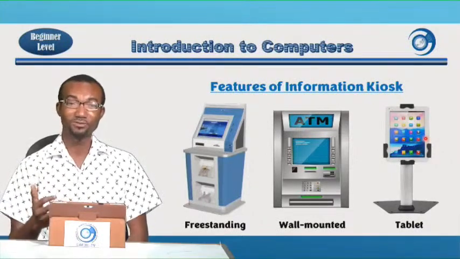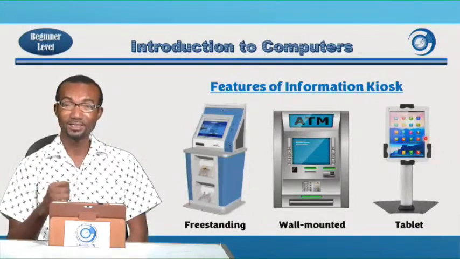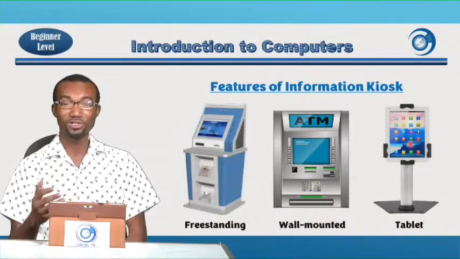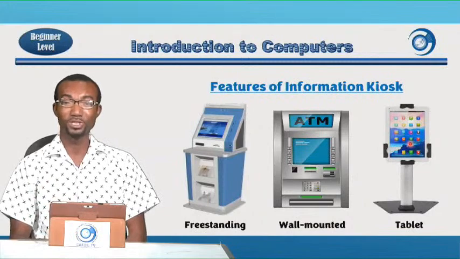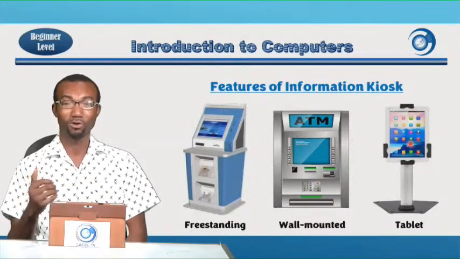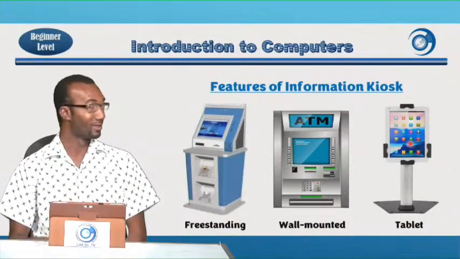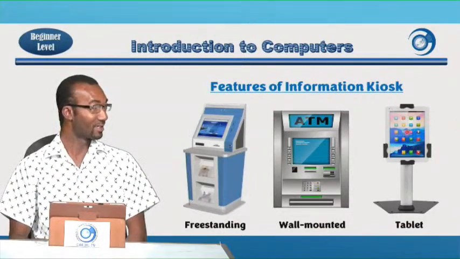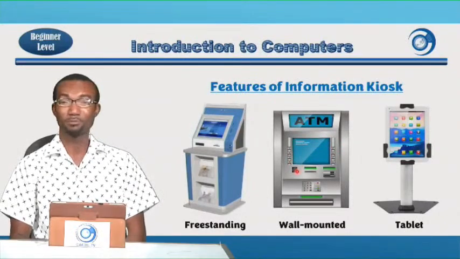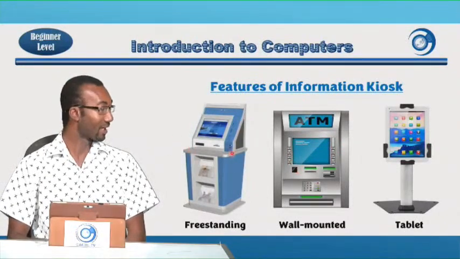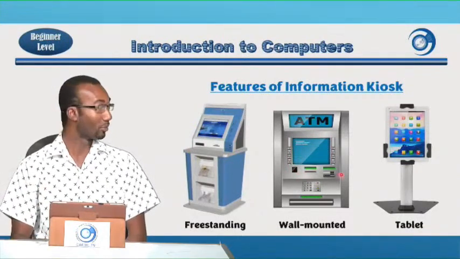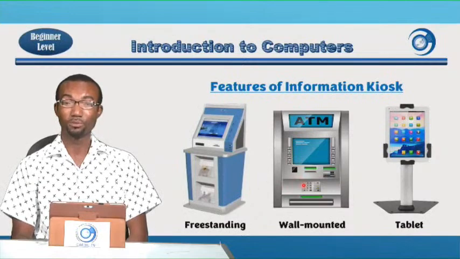So maybe if the ticket generated is D401, in the banking hall you hear that D401 go to teller 4 or teller 5. So we normally see this inside the banking hall. You normally see this outside the banking hall, and you normally see this kind of computer at busy places. These are all examples of information kiosks.